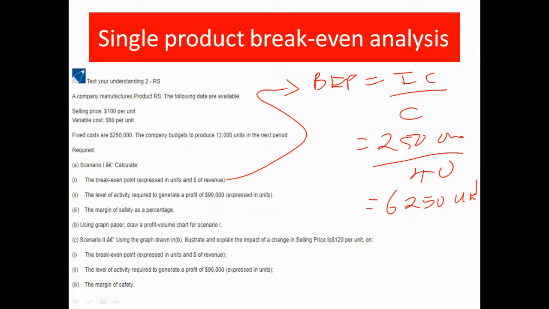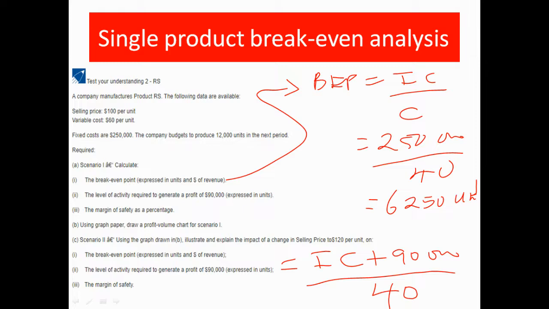Then we are required to calculate the level of activity required to generate a profit of 90,000. The formula is simple. We take fixed cost, then we add the target profit, in this case 90,000, then we divide by contribution, which is 40.